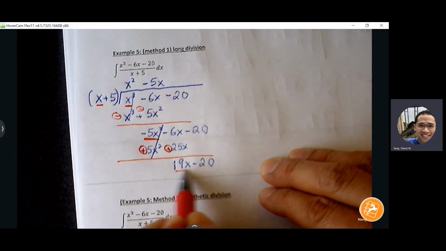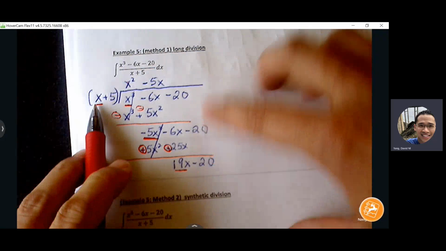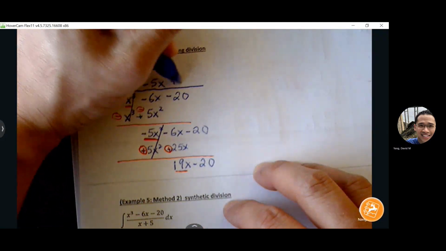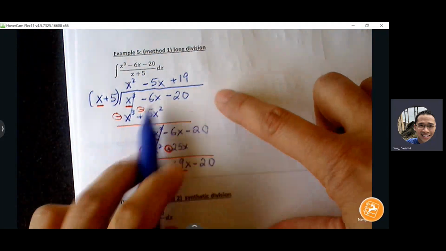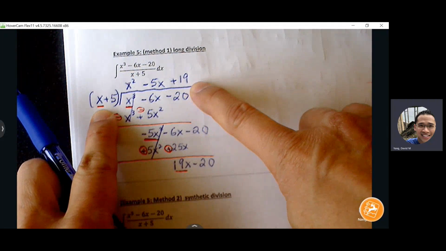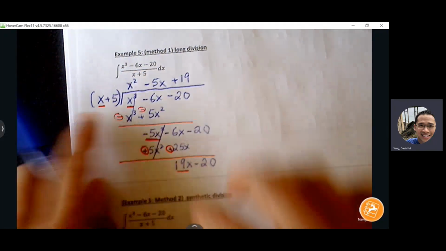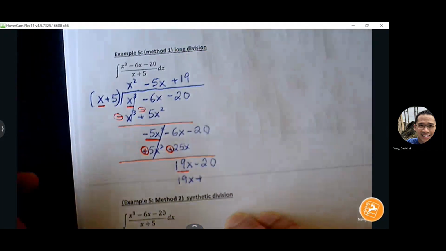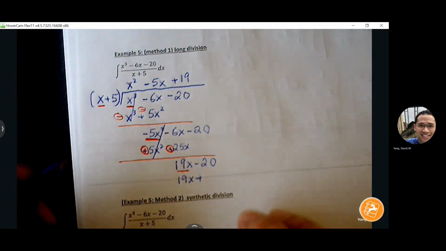Okay, then we do this one more time. X times what gives me 19x? Plus 19. Again, we're done with the x squared and minus 5x. We're just distributing that 19 through the x plus 5. So we get 19x plus 95.